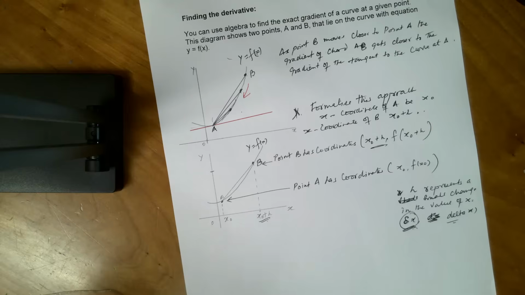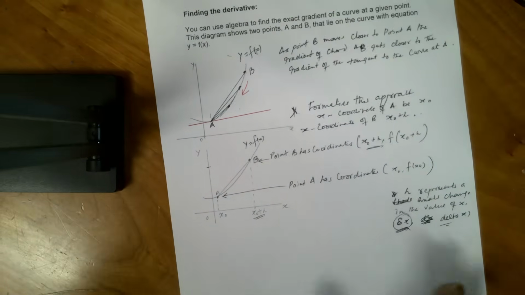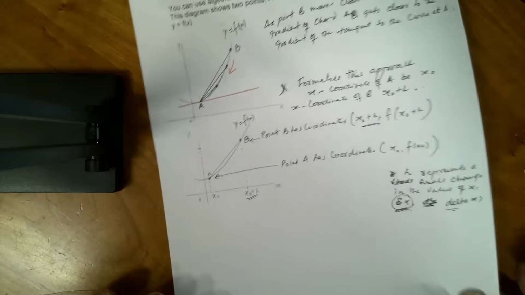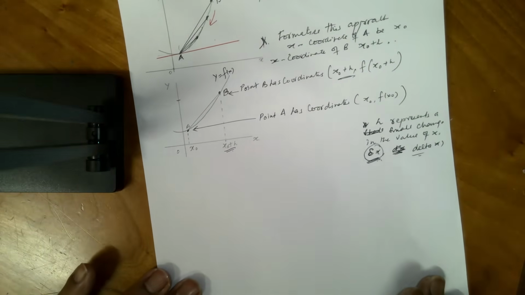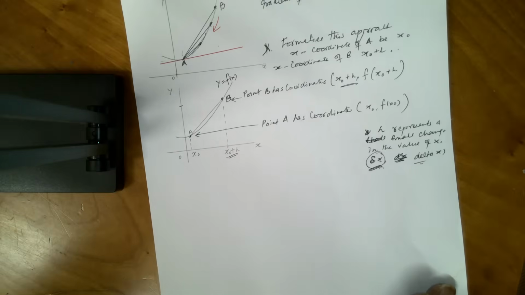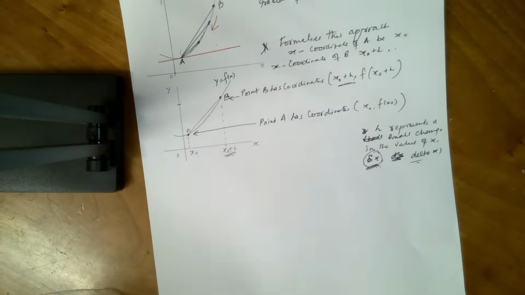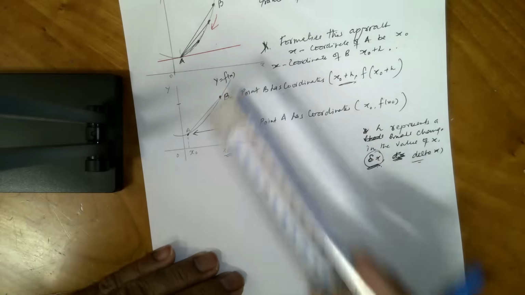Now before I formalize this, I would like to just quickly make one line, and that is your AB.